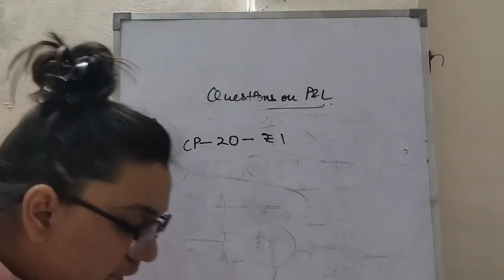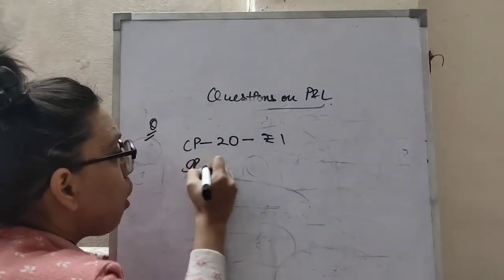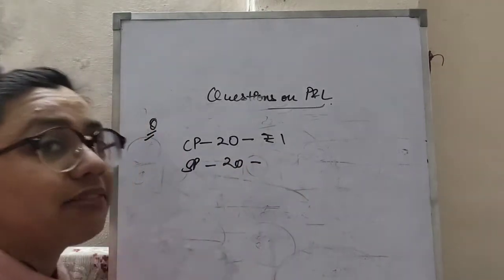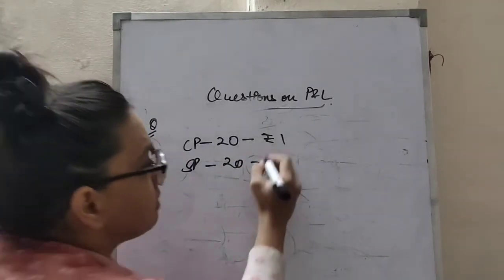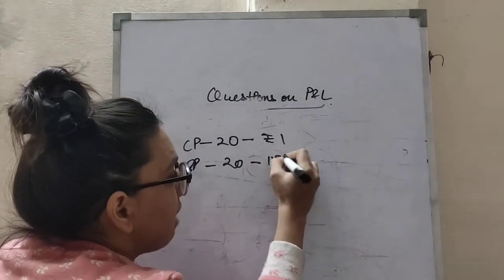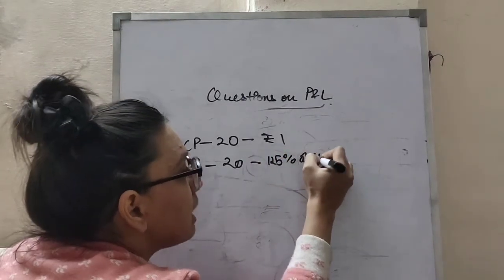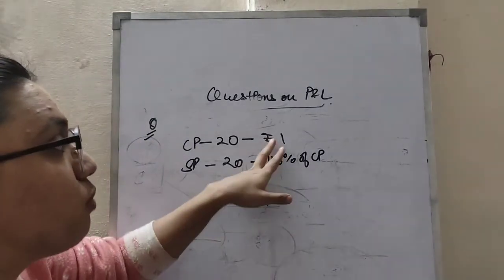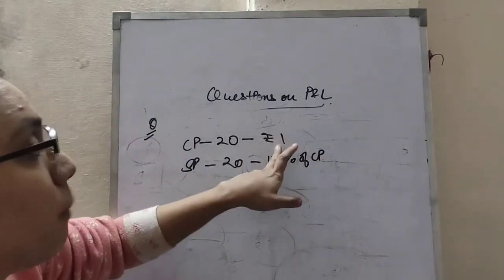Okay, and then he is saying SP of 20 articles, the same 20 articles is having a gain of 25%. So it is 125% of CP. Okay, so CP of here I require CP that will be rupees 1.